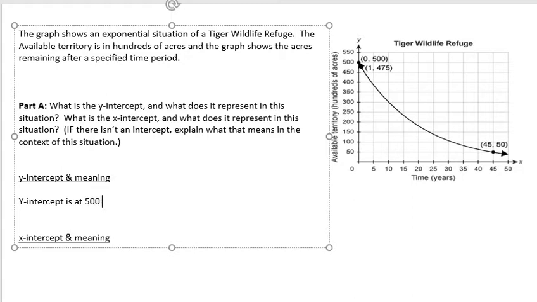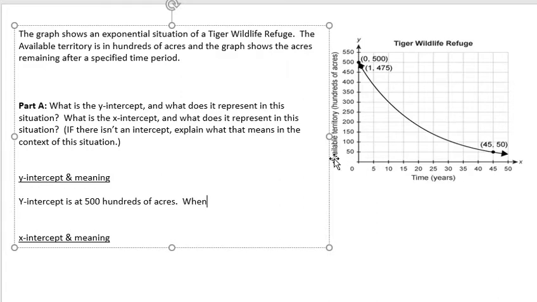So is that 500 hundreds of acres? This means when I start, if I look at time, time would be 0. So when time is 0, when we're beginning the wildlife refuge, the tigers have 500 hundreds of acres.